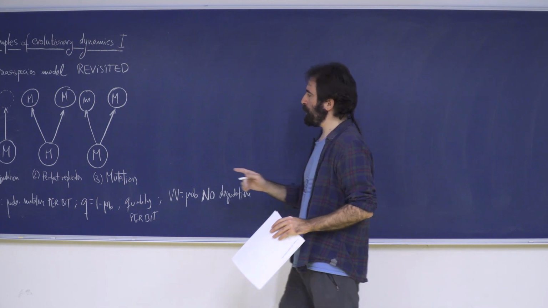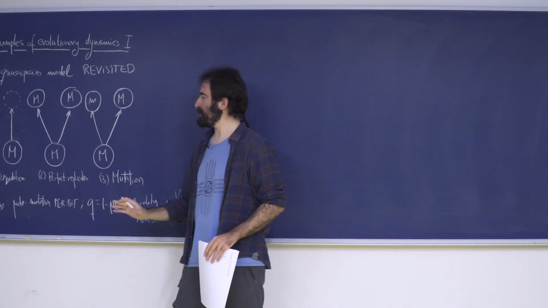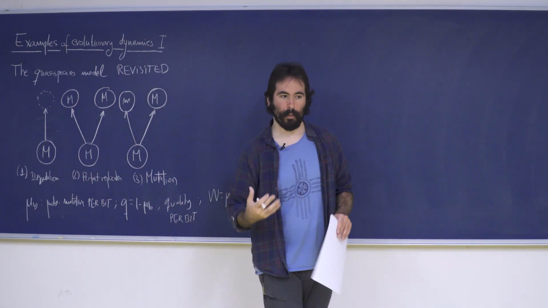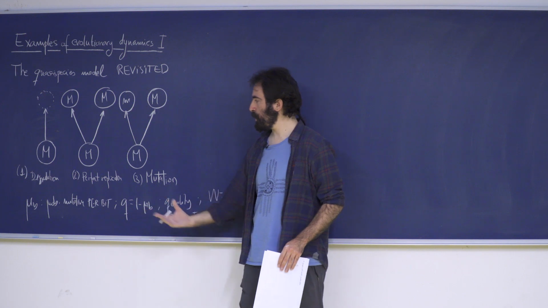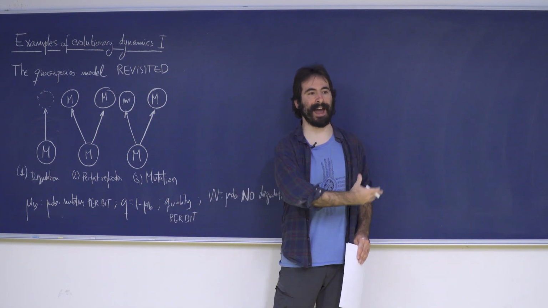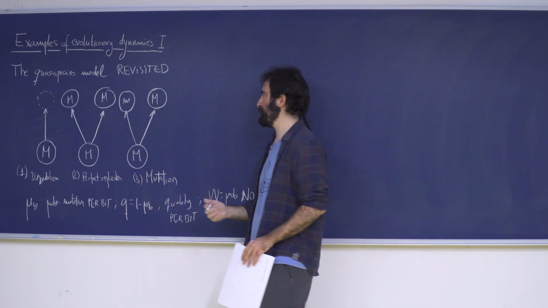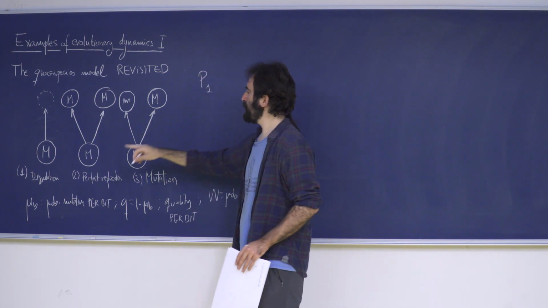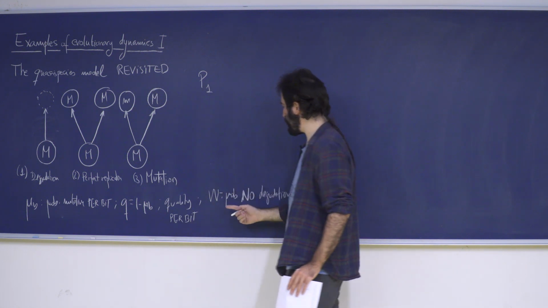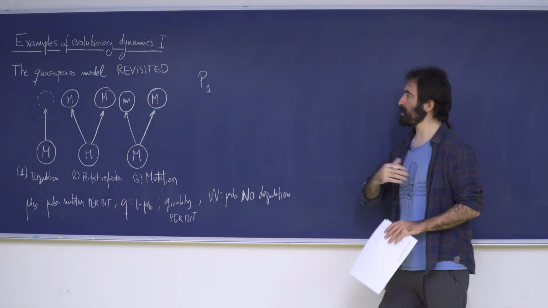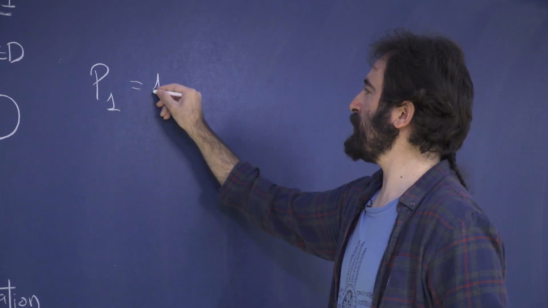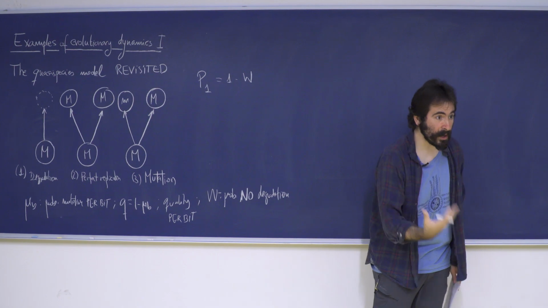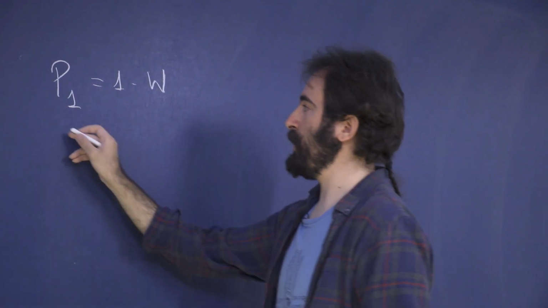Great. So now for these three different possibilities, again, degradation, perfect replication, and mutation, we shall derive, using these parameters that I introduced, the different probabilities that each of these happen at any iteration. So we're going to call P1 the probability that degradation happens, and if we have denoted W to be the probability that there's no degradation, then trivially this is going to be 1 minus W. So that's the probability that degradation does happen in any such iteration.